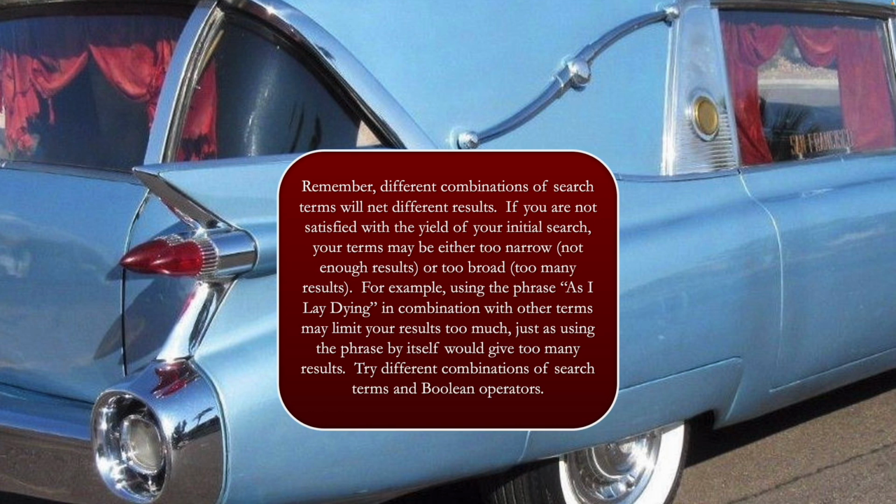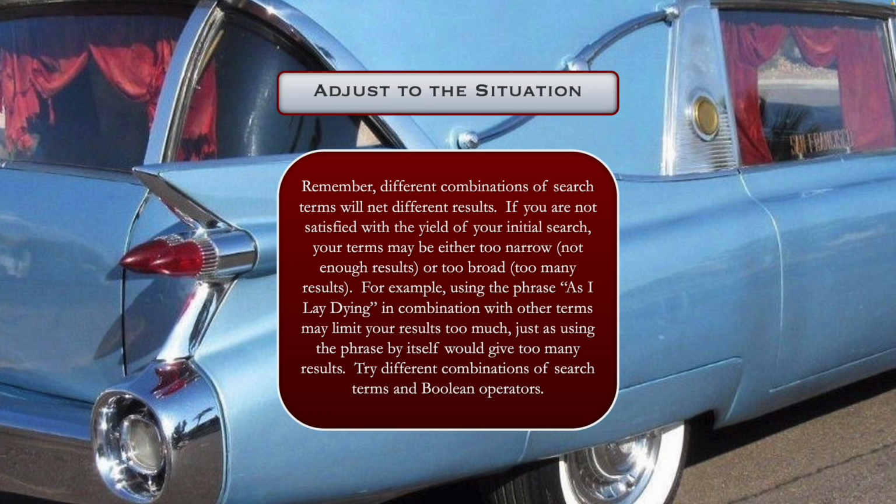So, for example, using the phrase "as I lay dying" in combination with other terms may limit your results too much, just as using the phrase "as I lay dying" by itself would probably give you too many results to be useful. So try different combinations of search terms and Boolean operators until you find what you're looking for. I call this adjusting to the situation.